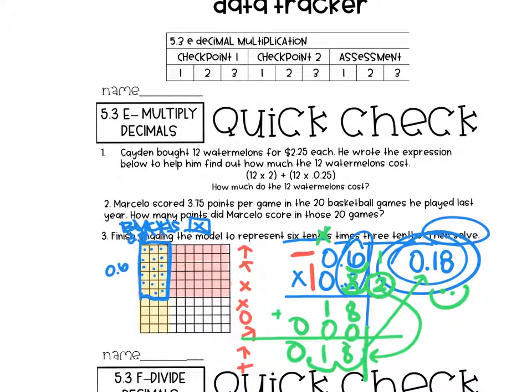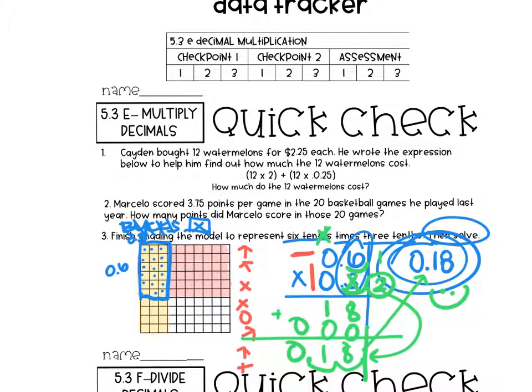If you got all 3 of them correct, then you will shade in the 3 because you have mastered this content. Okay, you will shade in a 3 if you got all 3 correct. If you missed one, you're going to shade in a 2 because you have met the level. So you're where you should be, but we can get you better.